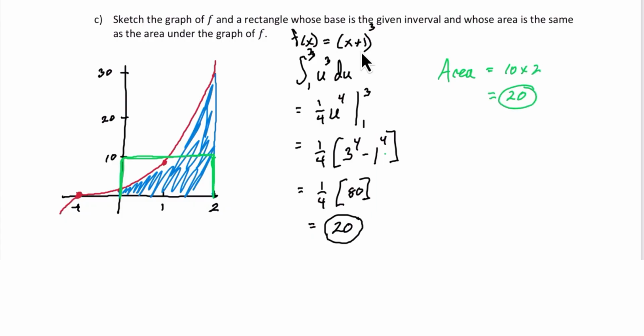This point where the graph and the horizontal line of average value 10 intersect is at c, which we found to be roughly 1.154, or more accurately, cube root of 10 minus 1.